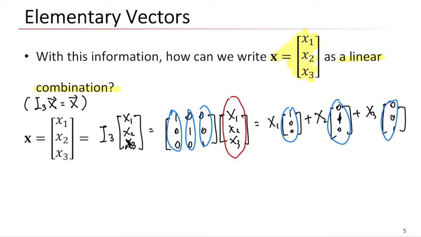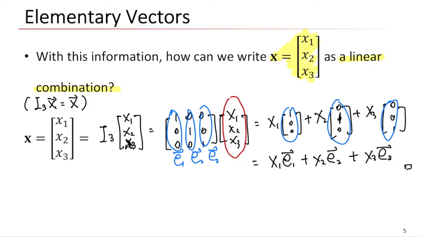In this case, these are E1, E2, E3. So x = x1 times elementary vector 1 plus x2 times elementary vector 2 plus x3 times elementary vector 3. So we can represent an arbitrary vector x in terms of the elementary vectors. Okay, so this is a simple introduction to the elementary vector.